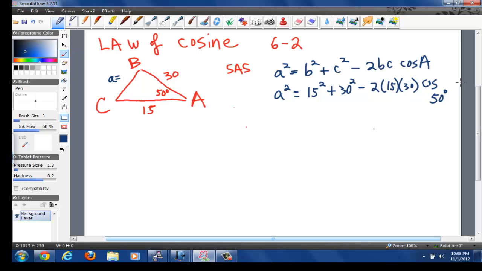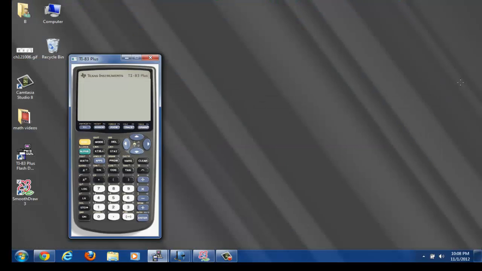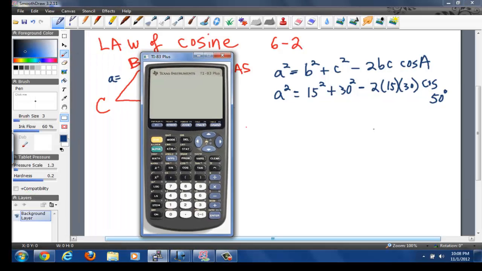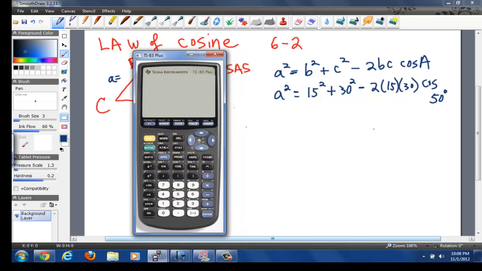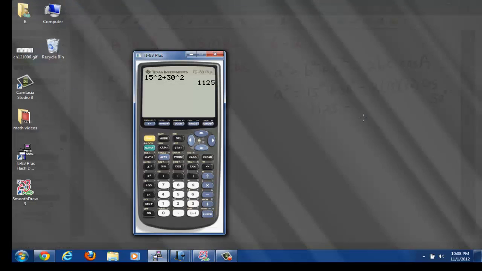So when we punch in the numbers, let me pull up my calculator. Okay, my calculator is right over here. Let me turn it on, and then it's gonna be 15 squared plus 30 squared. That's 1125, minus the whole thing there.